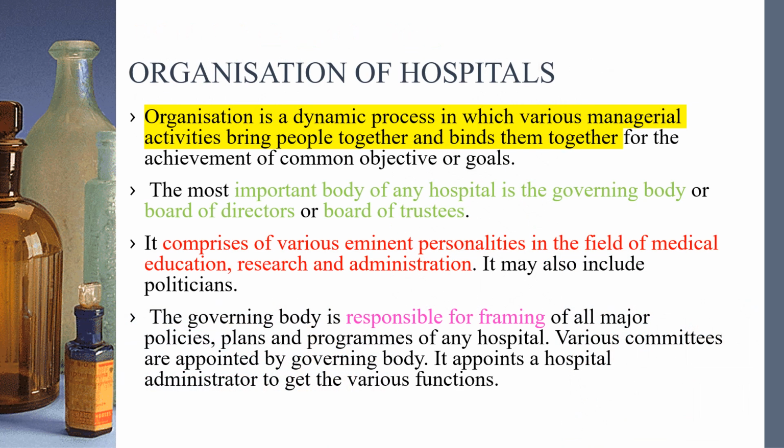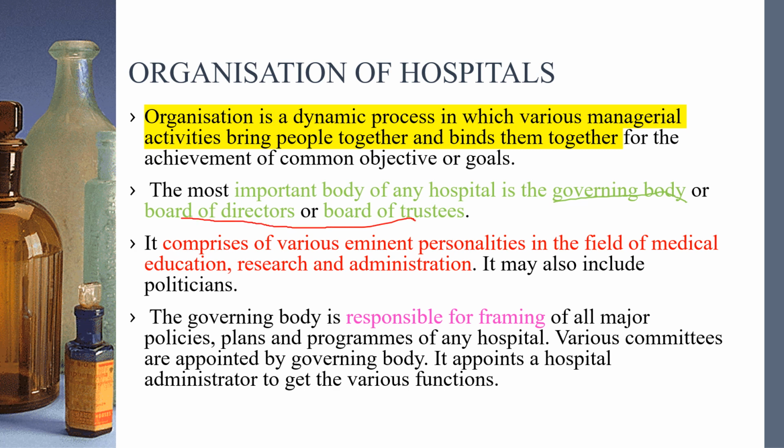Now moving to the next part, organization of hospitals. Now, organization is basically a dynamic process wherein there will be various activities from people that come together to perform a particular task. Now, the most important body of any hospital is the governing body, or you can say the board of directors or board of trustees.